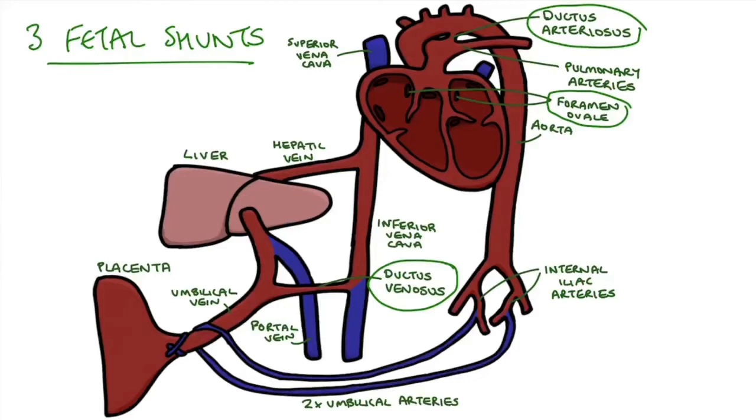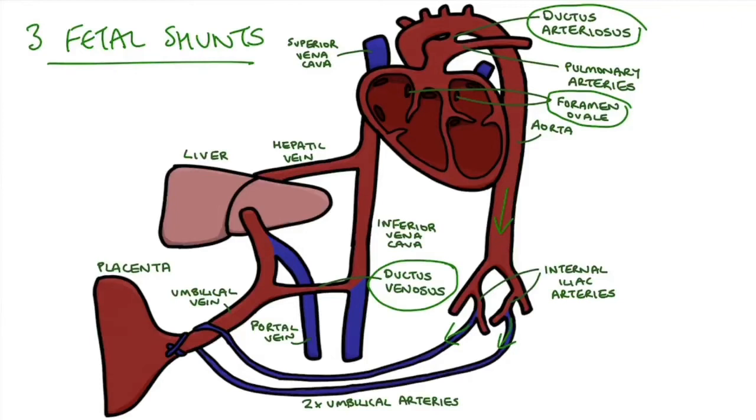So if we start with the aorta, the blood is pumped out of the heart, so you've got oxygenated blood coming out of the heart, going to the body, down this way. But a portion of that blood, once it is split into the common iliacs and then the internal iliacs, a portion of the blood comes into the umbilical arteries.